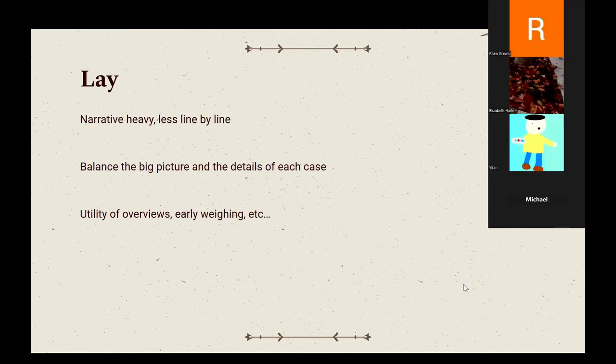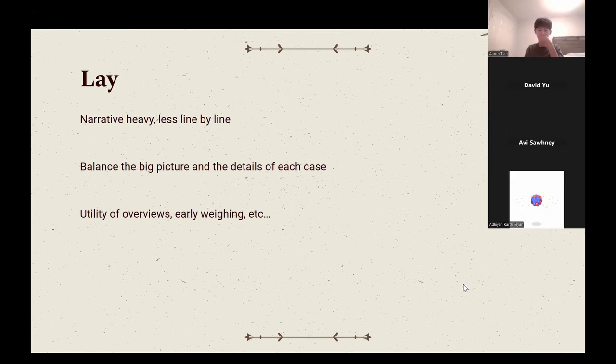Basically, how can we point out dropped arguments so that we use them in our comparison, like weighing in overviews, without getting too caught up in the little details? So, arguments that we make that they don't respond to, when they drop arguments that we make.